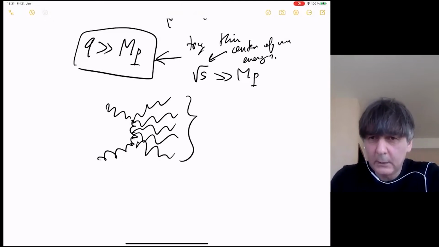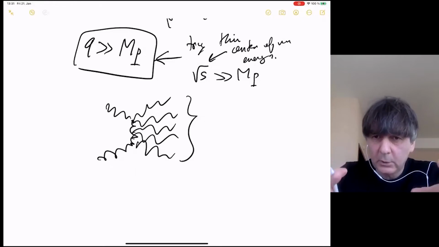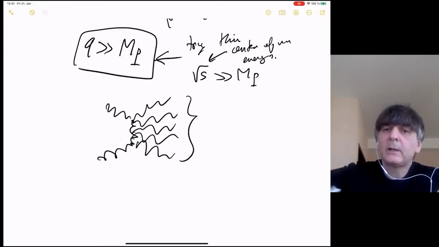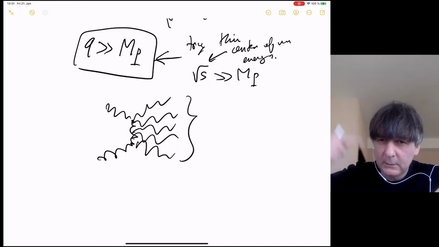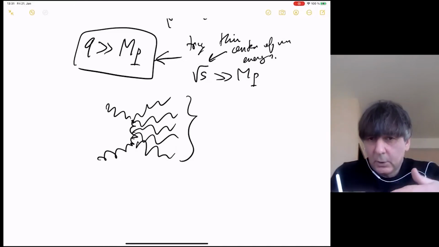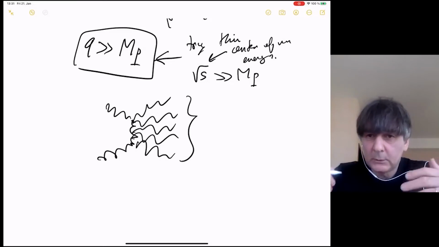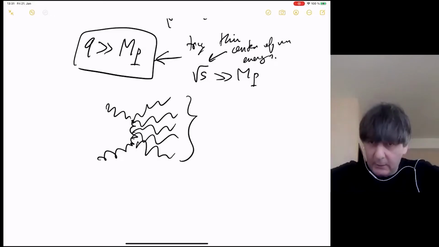By now there is pretty strong evidence that this is the way gravity unitarizes itself. It is not a proof, obviously, but there is strong evidence that these types of amplitudes are the ones that saturate unitarity in the trans-Planckian domain.